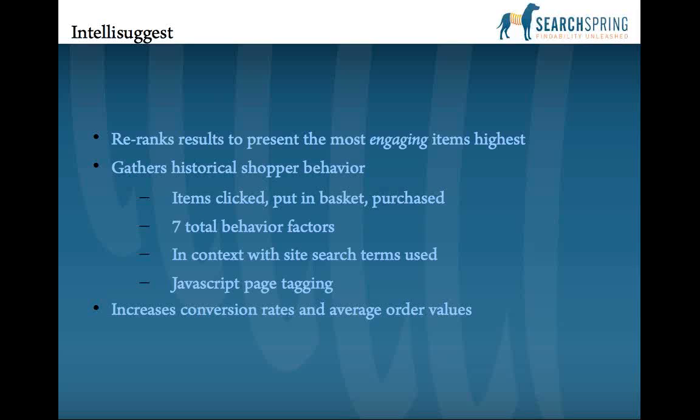It's actually using JavaScript page tagging on the product pages and the basket pages all the way to checkout, so that, for example, if someone searches on SUV, it'll actually notice what those people that searched on SUV clicked on and put in their basket and ultimately checked out with, so that the next time someone searches on that same term, it'll promote those items people are really gravitating to. So it's really a great way to put your relevancy tuning almost on autopilot, just with people voting with their feet. What are they gravitating to for each query?